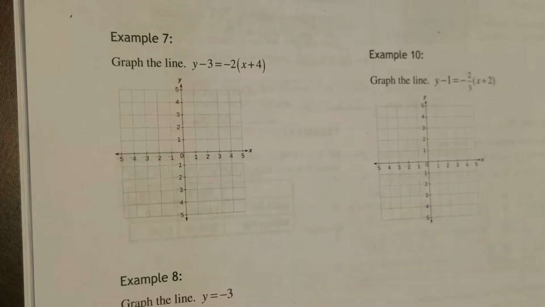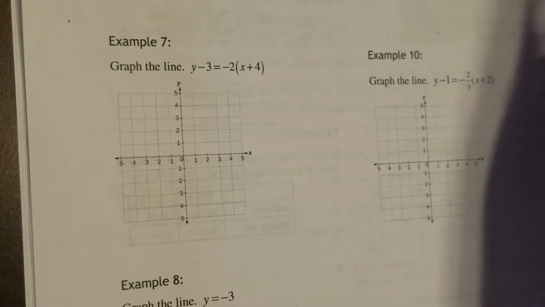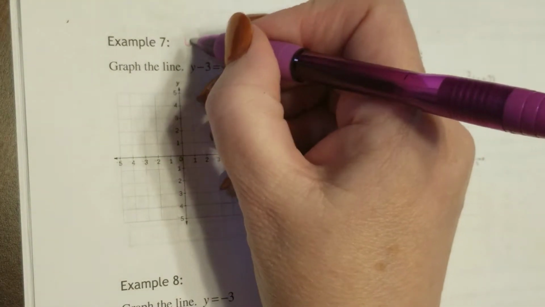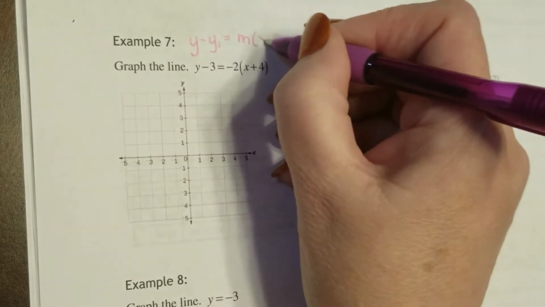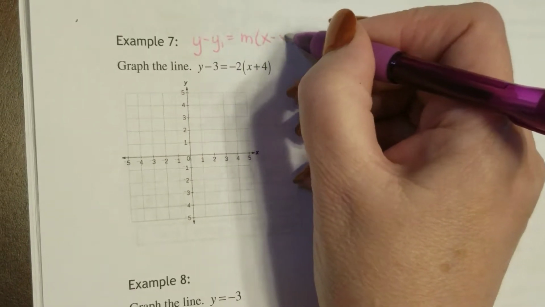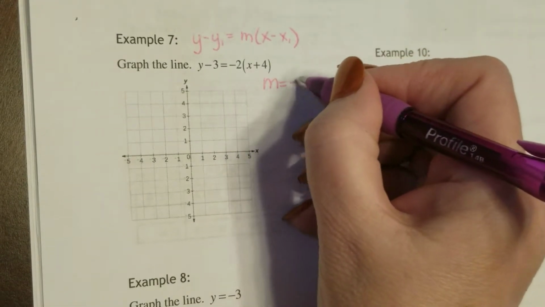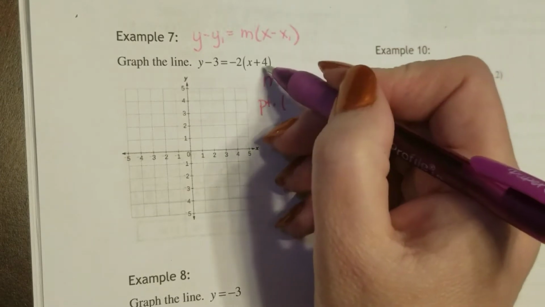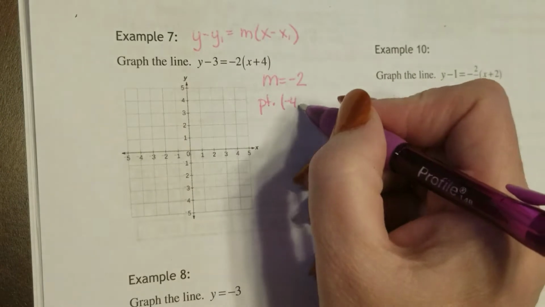Let's take a look at example 7. This one is given to us in point slope form, that y minus y sub 1 is equal to m times x minus x sub 1. So the slope is going to be negative 2, and my point is going to be negative 4, and you take the opposite of this sign, it's positive 3.